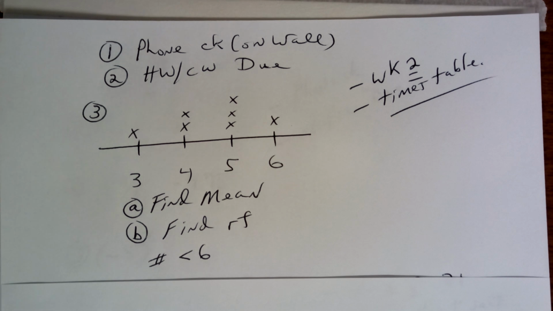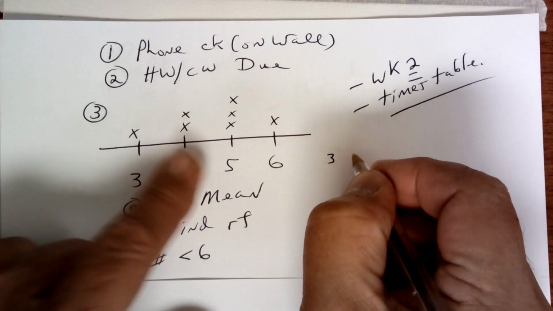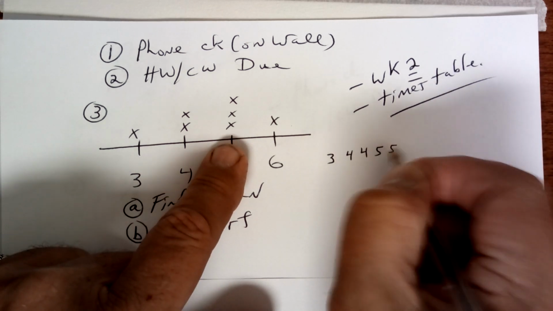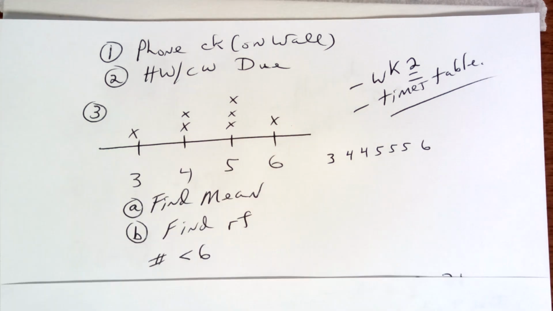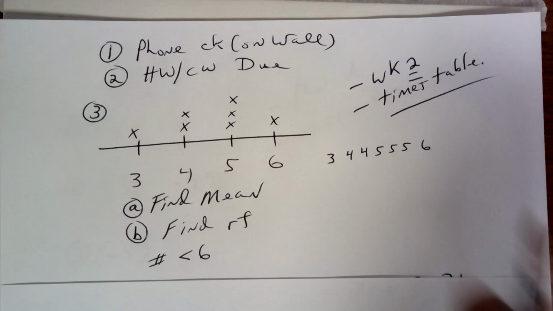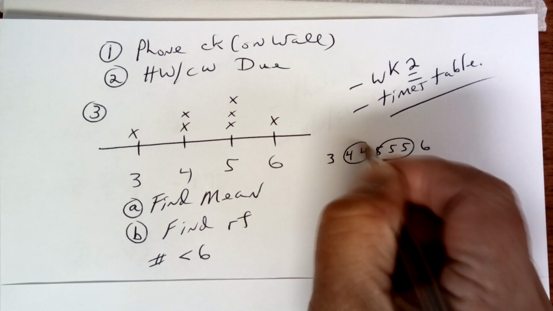All right, anyway, find the average. Here the frequency is 1 of these, 2 of these, 3 of these, and 1 of these. So now you need to add these up. This is 15. This is 8 and 3 makes 11.